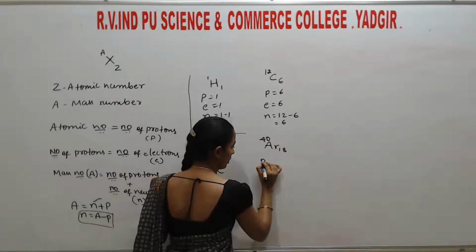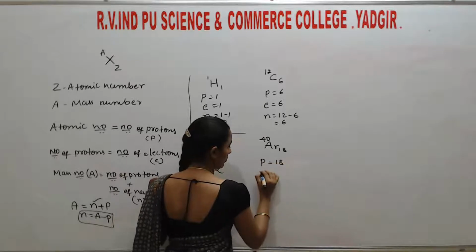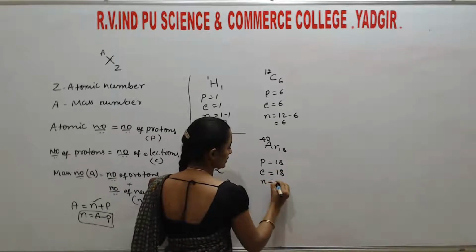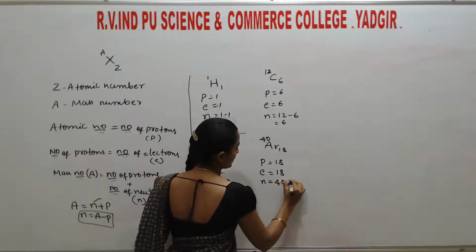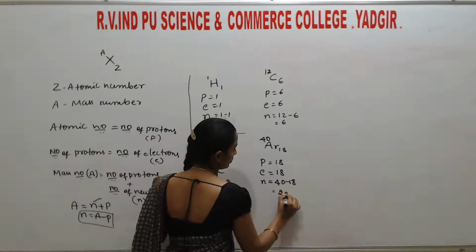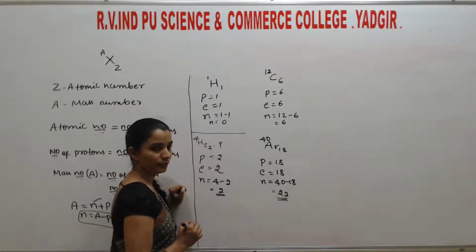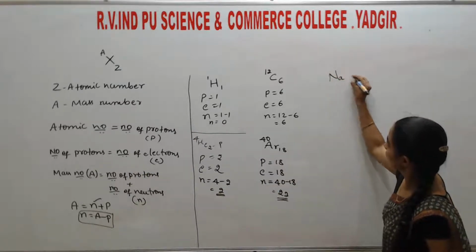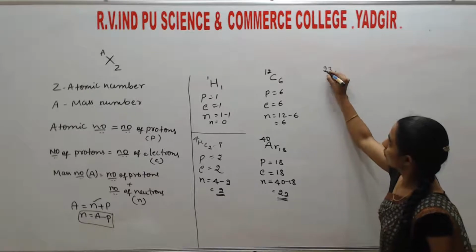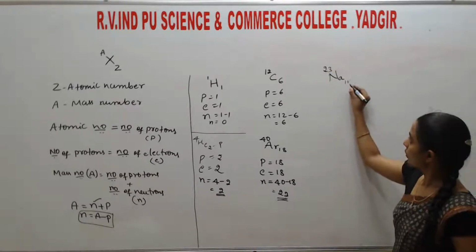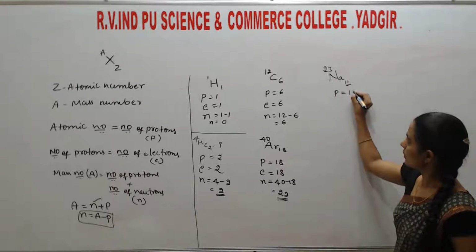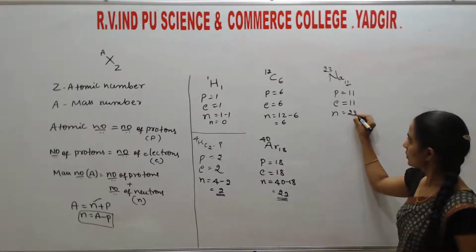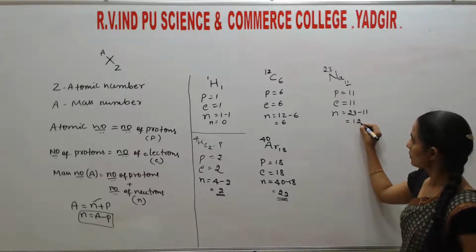So your number of proton is 18, number of electron is also 18, number of neutron is 40 minus 18, that is equal to 22. Okay, similarly you take sodium, 11, 23.